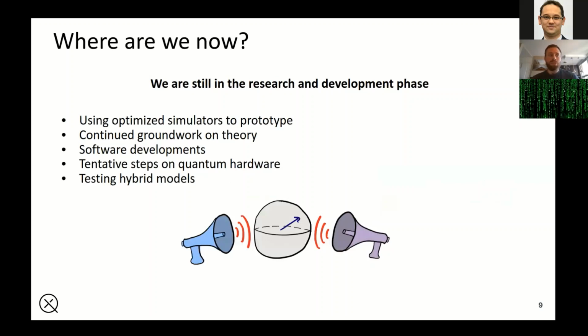The answer is maybe yes and no at the same time. There are certain things we can already do with the available quantum hardware, but most of the hardware is still noisy. The software capabilities are being worked on as we speak, and a vast theoretical foundation is being laid in the coming years as well.